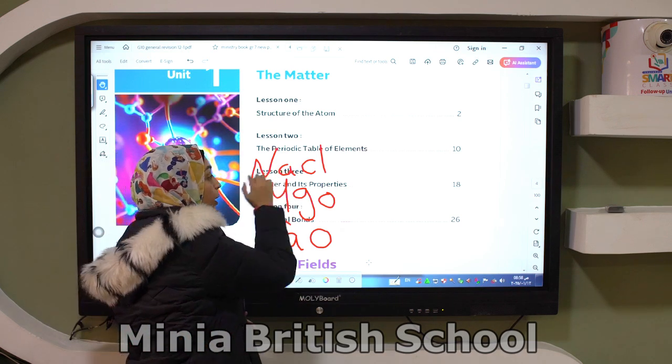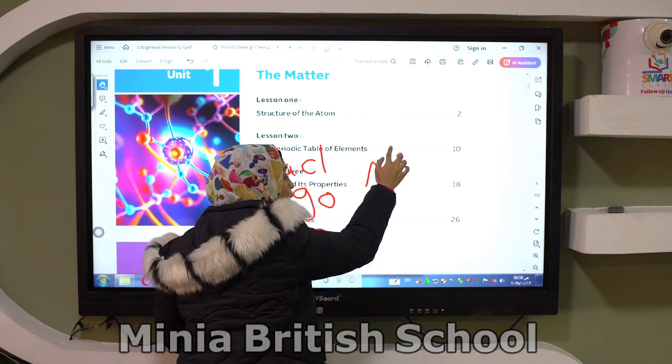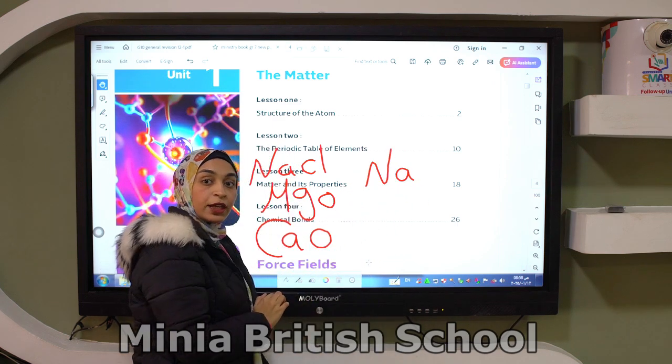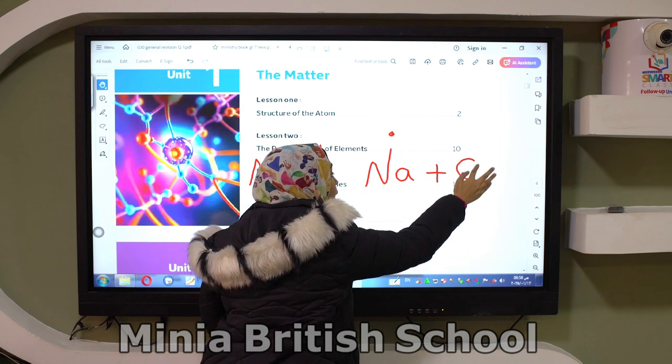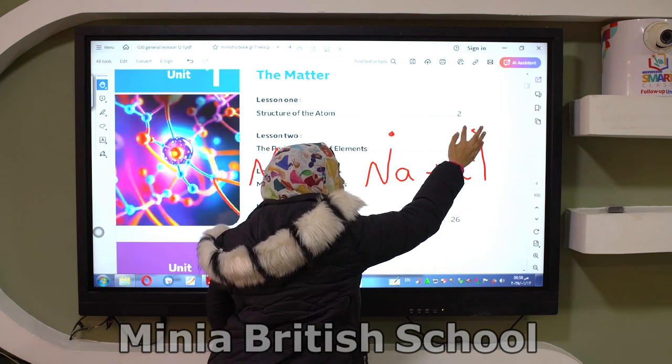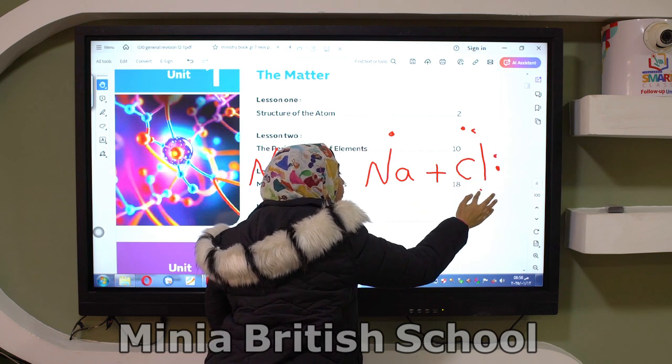So when the sodium loses, first if I distribute it by using the Lewis dot structure, it has 1, and the chlorine has 7.